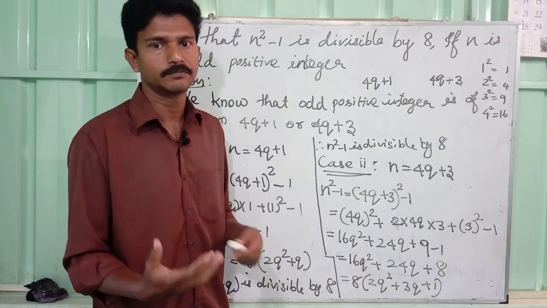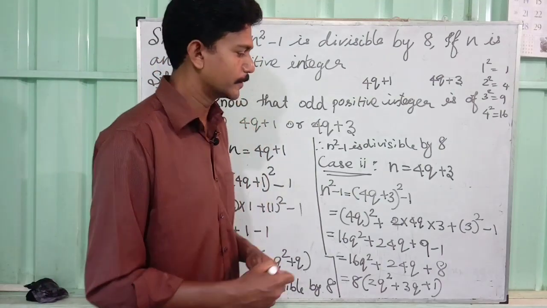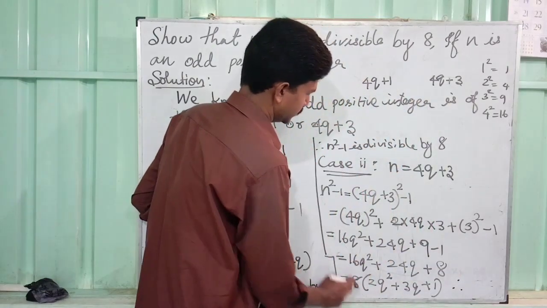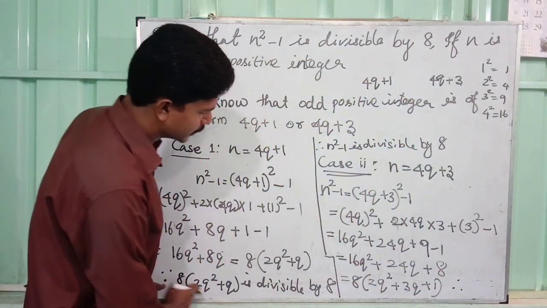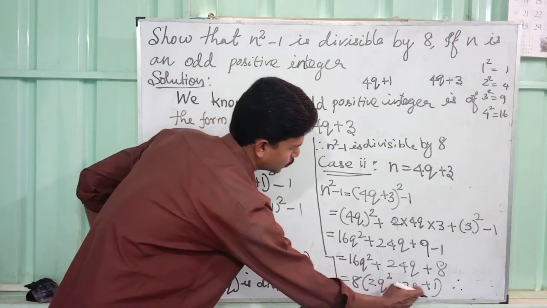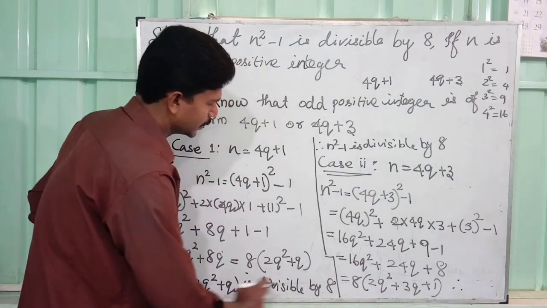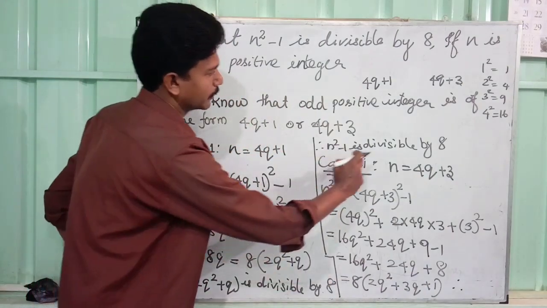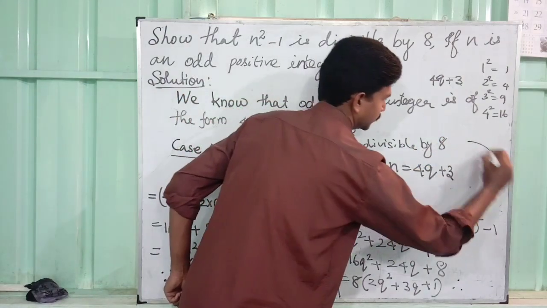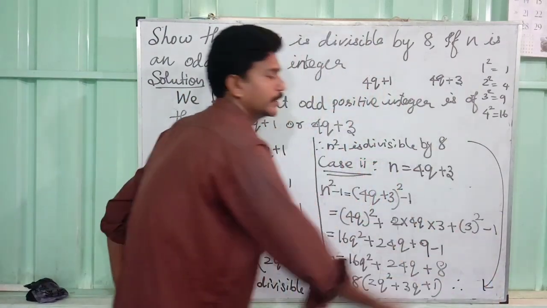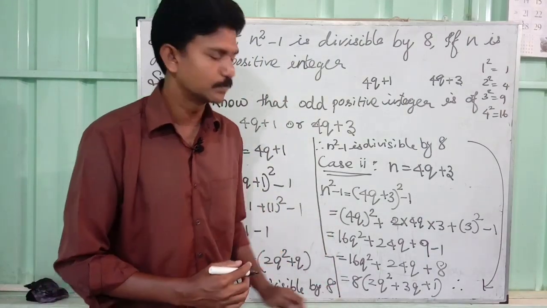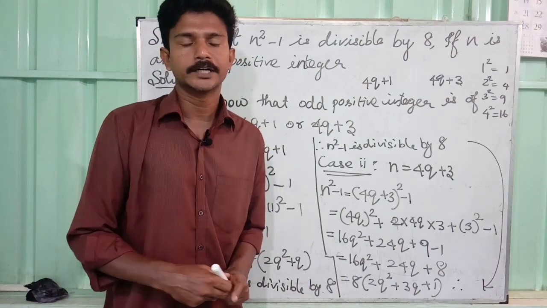So you have to write the same step: since this 8 into (2q square plus 3q plus 1) is divisible by 8, n square minus 1 is divisible by 8. This step should come here. You should write it again, because I have no place on this whiteboard, that is why I didn't write it.